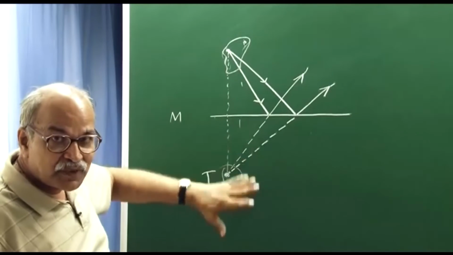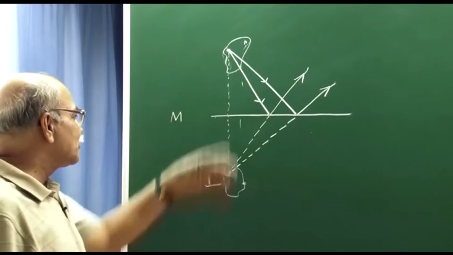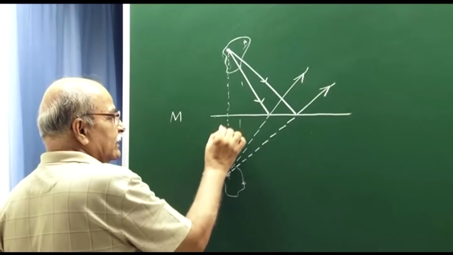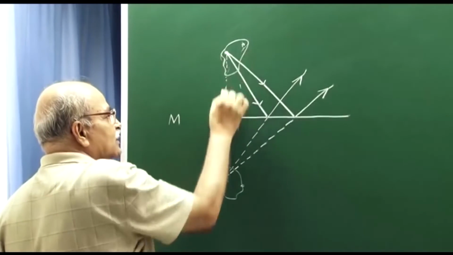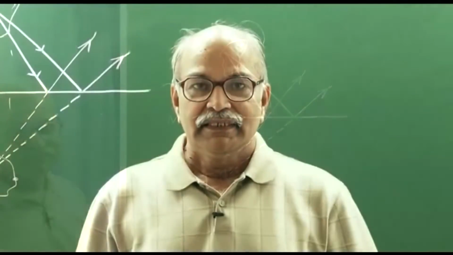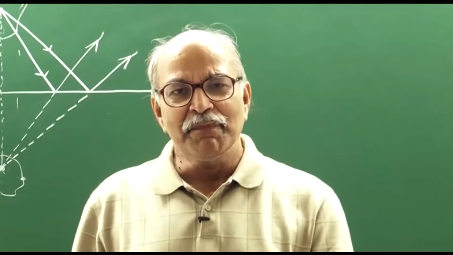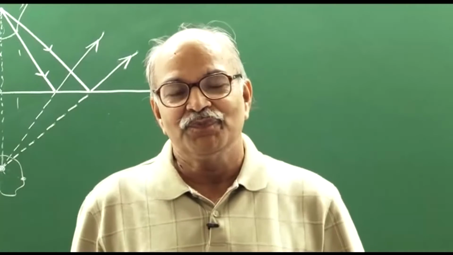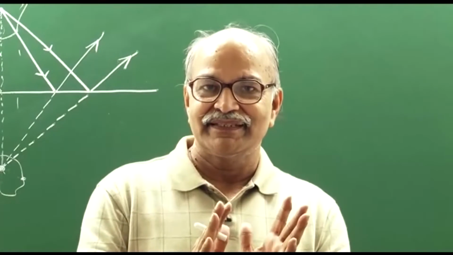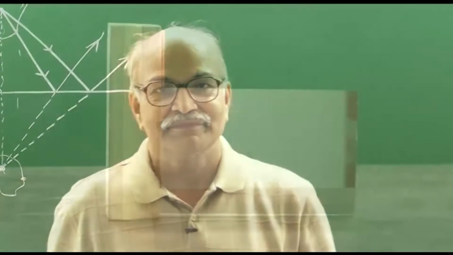So that one-to-one correspondence makes the image, and you can do the geometry to show that the distance of the image from the mirror is the same as the distance of the object from the mirror, and they are on that perpendicular line and all that. Now you know how images are formed, and there is a very simple experiment that you can do to check that yes, the angle of incidence is the same as the angle of reflection, and I will just do that here.